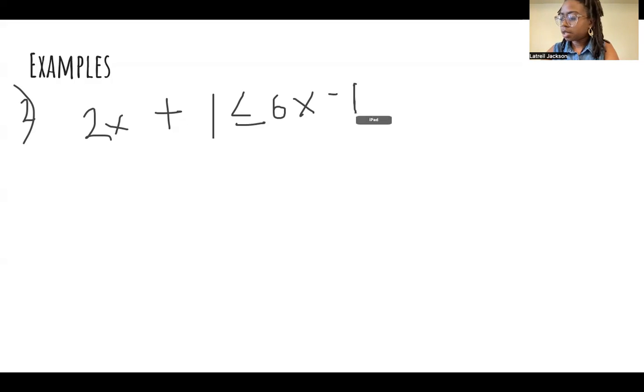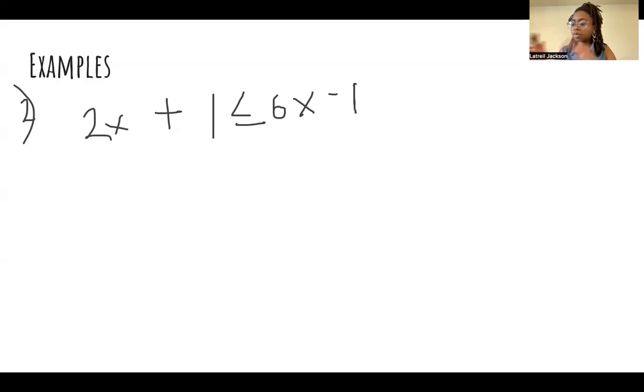Okay, so sorry for the sloppiness. My stylus is not the best. I gotta get a new one. So we have variables on both sides. They're the same variables, so that's good. What we want to do is combine like terms. So our like terms are 2x and 6x, and our other like terms are 1 and negative 1.